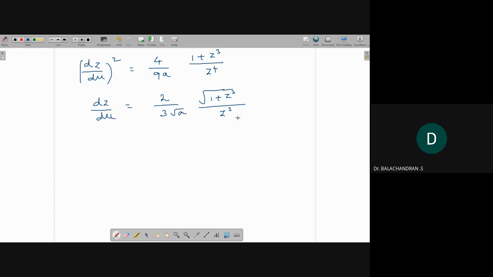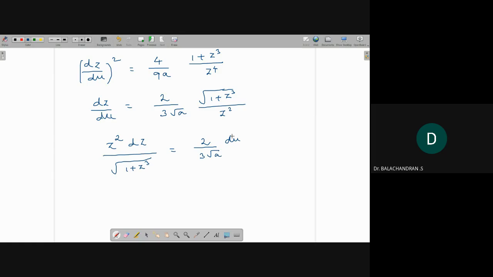Now z terms on one side, everything else on the other side. Now by the variable separable method, z square dz by root of (1 plus z cube) is equal to 2 by 3 root a du.